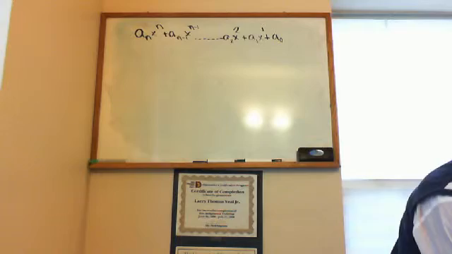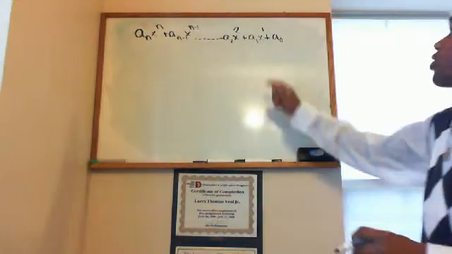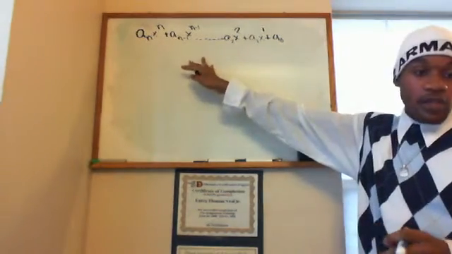That gives you the basic bottom of polynomials in one variable.